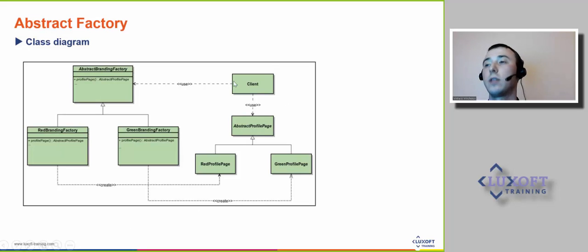Our test method, as I said, accepts an object of abstract profile page, but from the data provider we put exact concrete classes, red profile page and green profile page. Sorry, I'm mistaken.